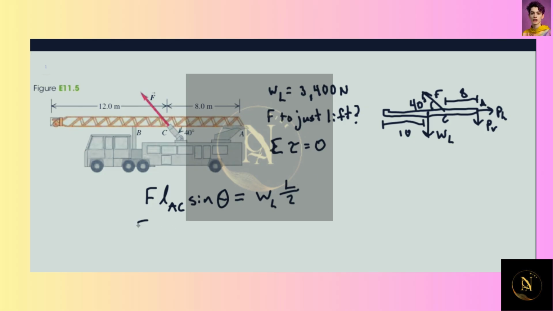So if we solve this, we have F equals W L times big L over LAC sine theta. And this works out to be 6,600 newtons.